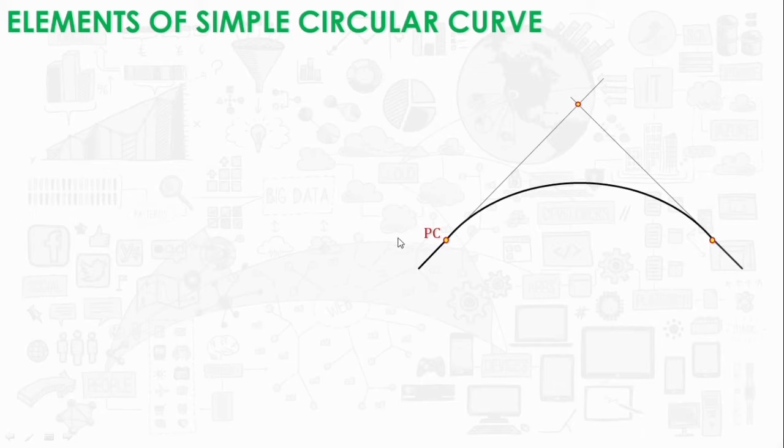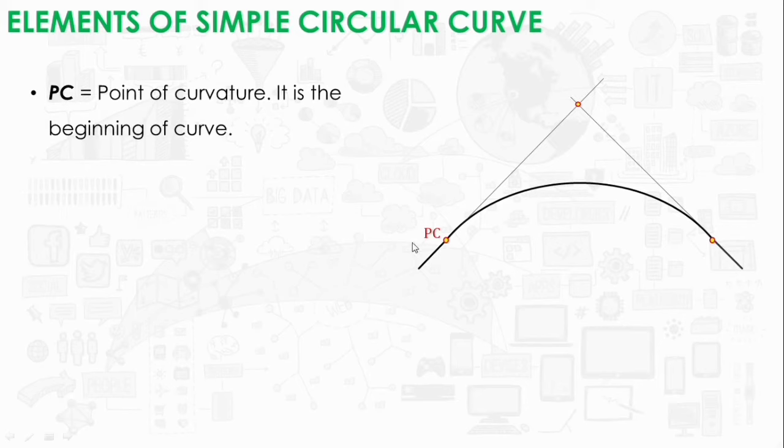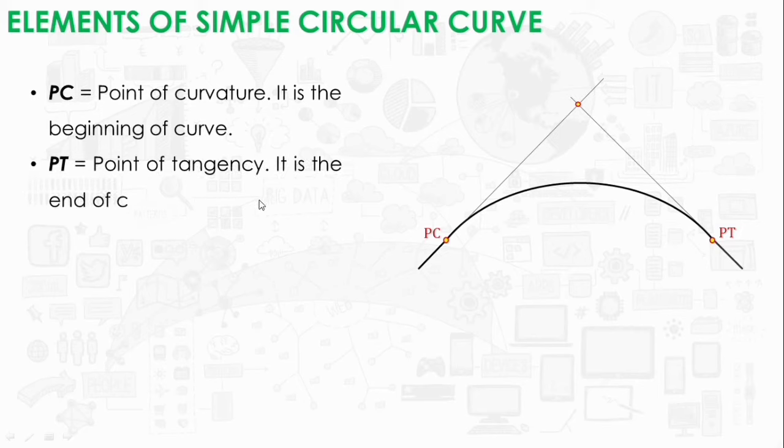So, PC, or the point of curvature, is the beginning of the curve. Next is the PT, the point of tangency. It is the end of the curve. PC is the beginning of the curve and PT is the end of the curve.